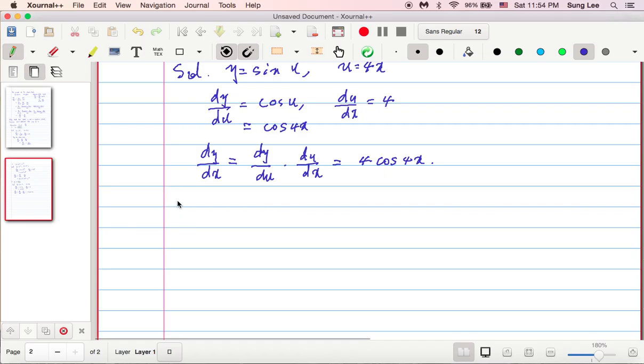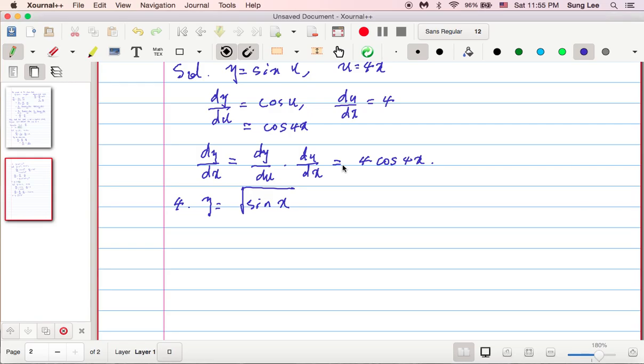Next example, y equals square root of sine of x. Here one thing you have to be careful about is that sine of x can be negative, so you have to be careful about the domain.